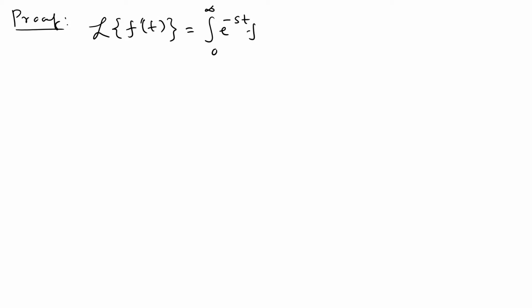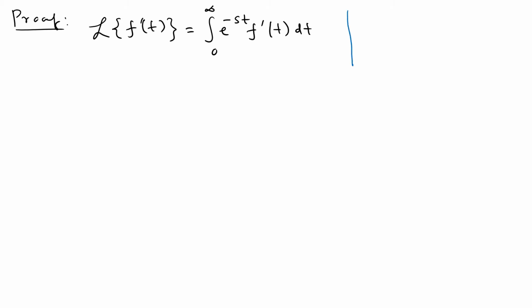The proof. We can start with the definition. The Laplace transform of f prime(t), by definition, is the integral from 0 to infinity of e^(-st) f prime(t) dt. We're going to use integration by parts here.